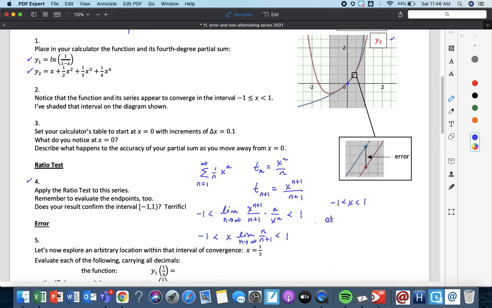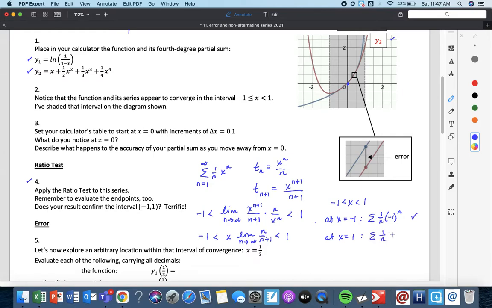Let's evaluate them. So at x equals -1, the left endpoint, if you put -1 in for x, you get this series. It's a harmonic series that alternates, and that converges because 1 over n is approaching 0 and the series alternates. At x equals positive 1, the right endpoint, when you put 1 in for x there, you get, again, the harmonic series, but it doesn't alternate.